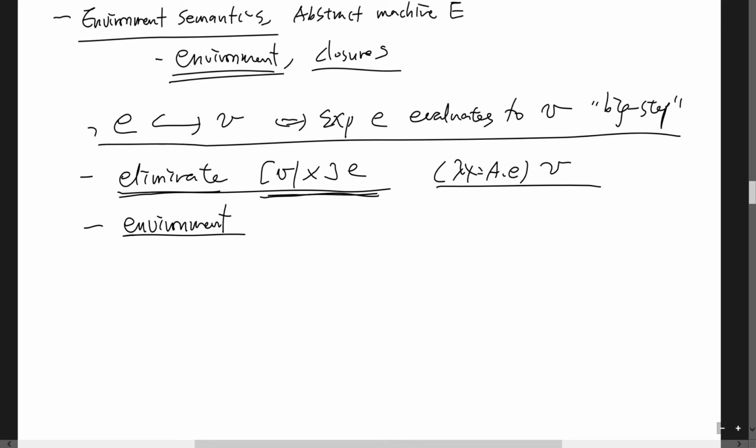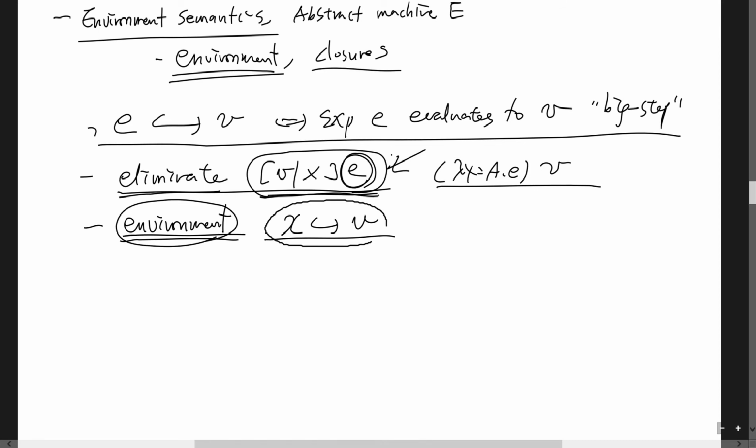The idea is that instead of performing this substitution right away, we'd like to carry this environment, which contains a mapping of this form, x ↦ value v. So whenever we encounter a substitution of this form, we just keep evaluating expression e, and we augment the environment with this new mapping.